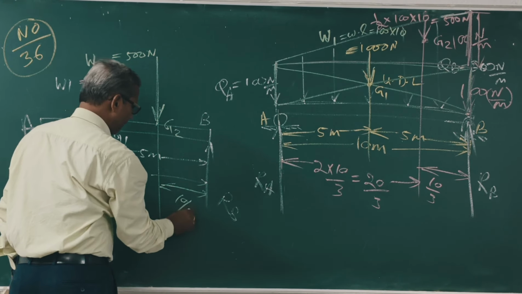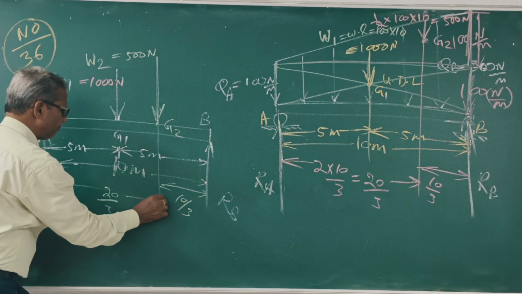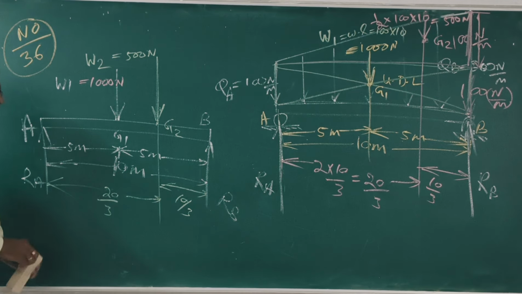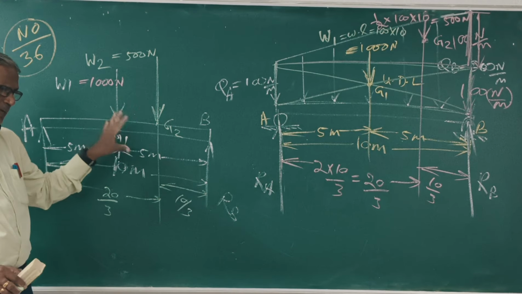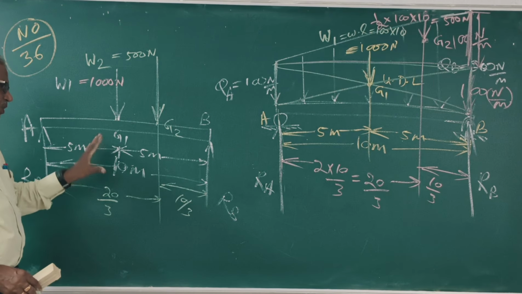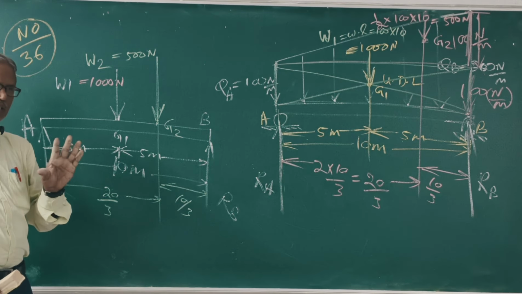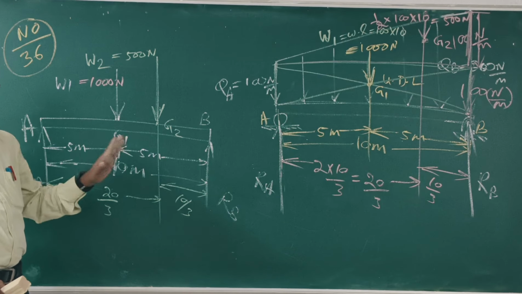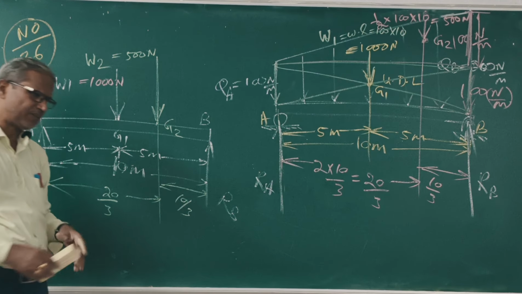What is this length? 20 by 3. Clear? This is the final answer figure. Now, equate sigma y and sigma m. Here no x force is given, so we need not use sigma x equal to 0. Clear?